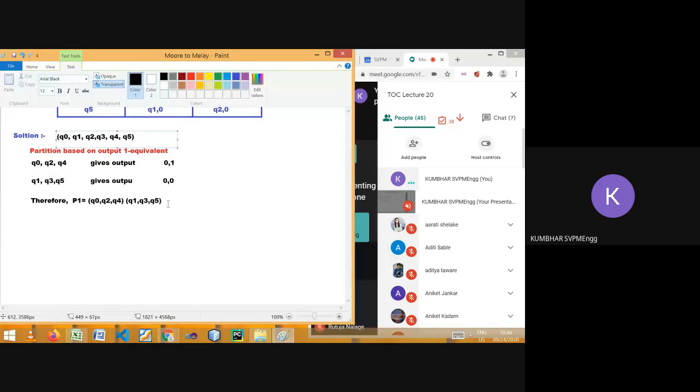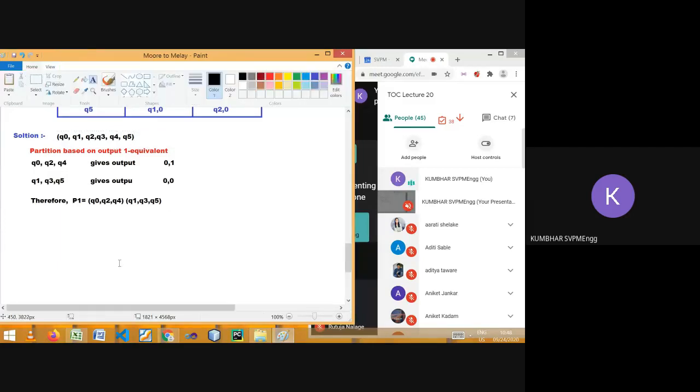Okay. Now if you observe, remember this P1 is called the one equivalent partition.